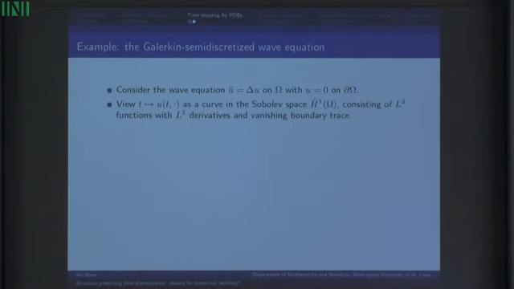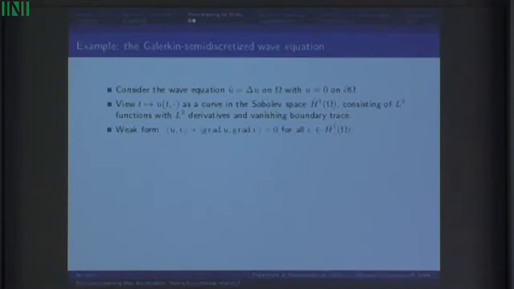All right, and we can view our function u either as a function of t and x, or, as I'm going to prefer to do it here, as a curve in the Sobolev space H^1_0. Here, H^1 is the space of L2 functions with L2 partial derivatives, and the ring on the top means that u vanishes on the boundary in the trace sense.